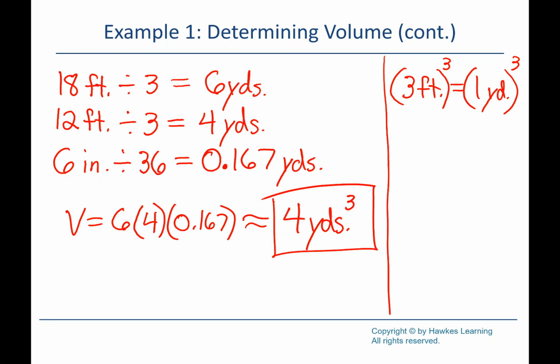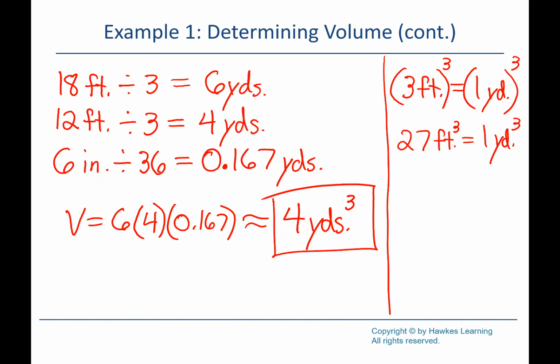So on the left side, we have to do 3 times 3 times 3, 3 cubed. So that would be 27 cubic feet. Is 1 times 1 times 1 cubic yard. That's a little tricky to think your way through if you're not expecting it. So it might be easier to convert the units first. So anyway, we got 4 cubic yards.